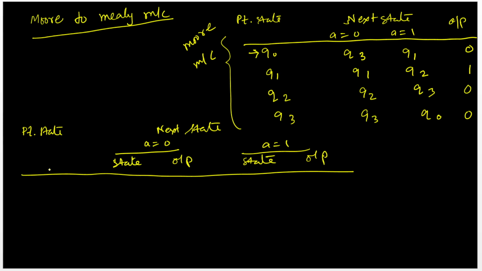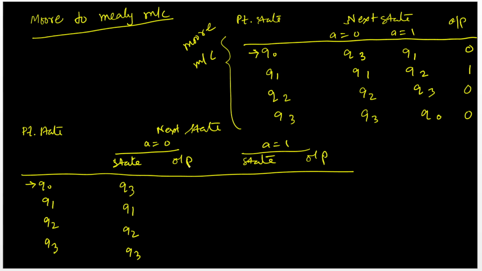Now we convert. What are the states in the present state? We have to write q naught, then q1, q2 and q3. Now by taking 0, the next states are q3, q1, q2, and q3 remains the same.